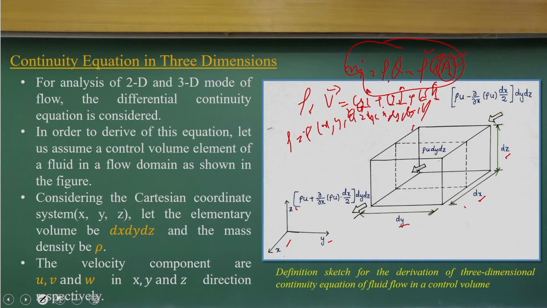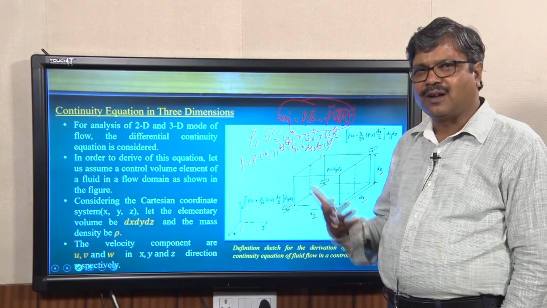Basically, as in any basic fluid mechanics, the density and the velocity are continuous functions of space and time, and considering this as my control volume, I just want to find out how much mass flux is coming into the system and going out of the system. That will indicate the net change of storage of mass within the control volume, which is a basic concept, and you can go through Reynolds transport theorem to consider that.